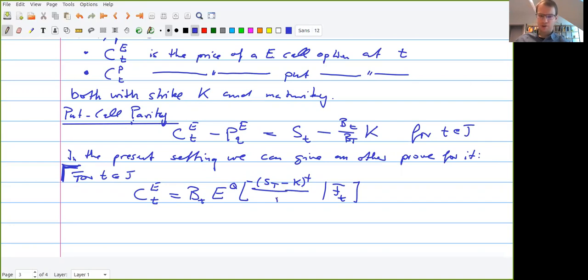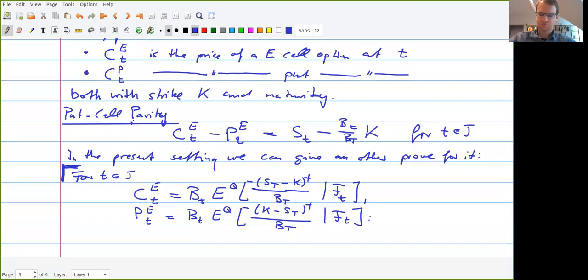You can do the same for the European put option, just changing the payoff function to the put option.